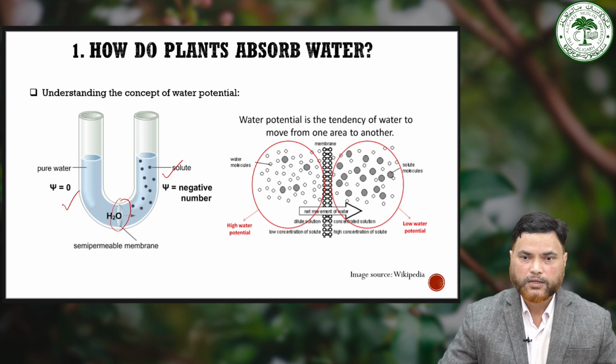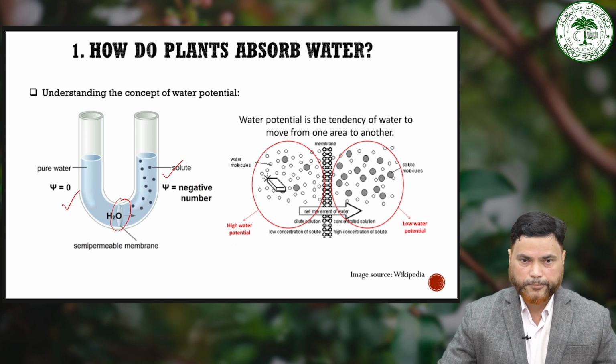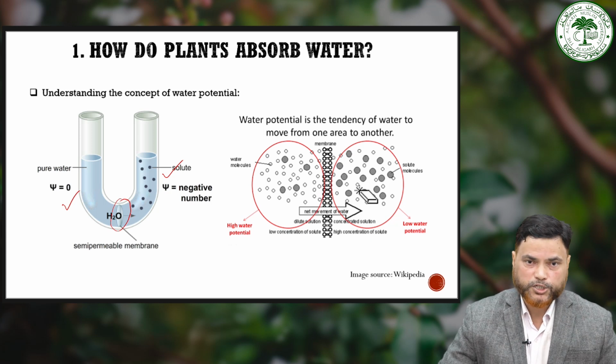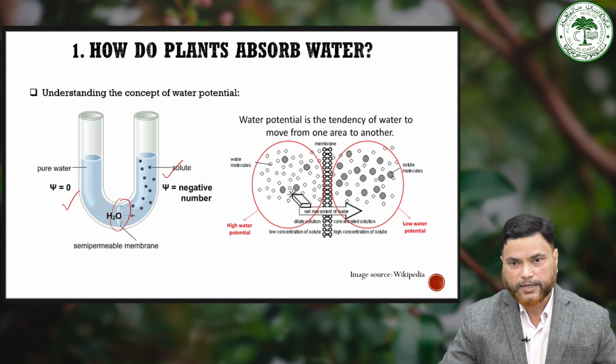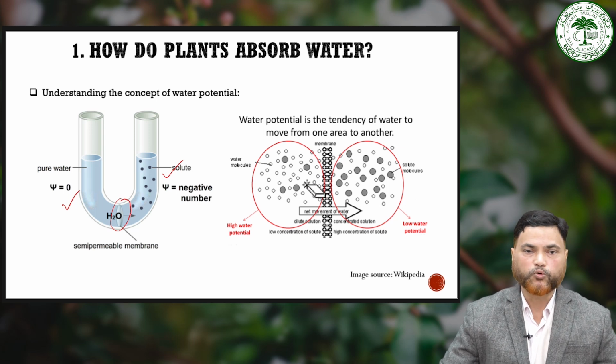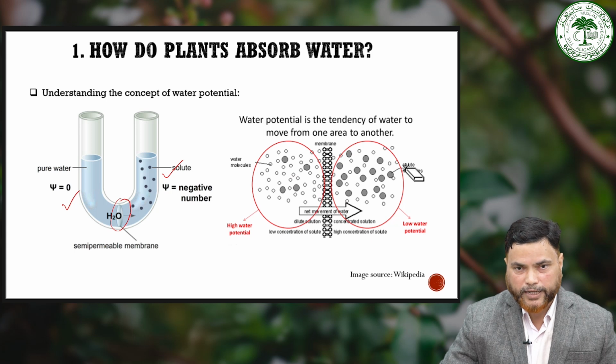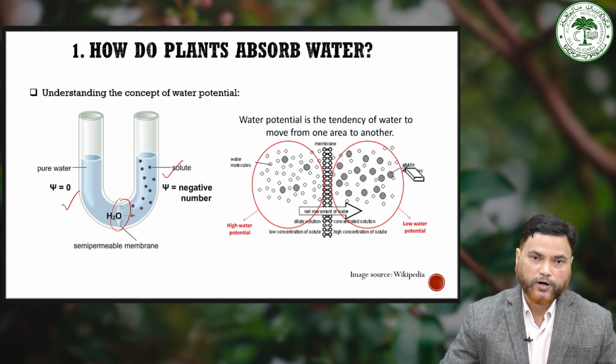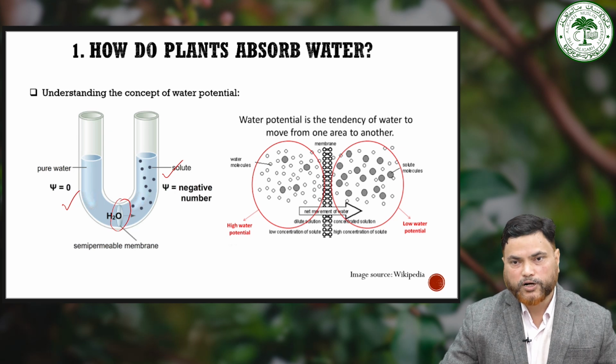So what happens is that the water on this left side, the water potential is of course high, and on the right side water potential is less. So the likely condition is that water will move from left side to right side, or it can be expressed that water molecules move from high water potential to less water potential.